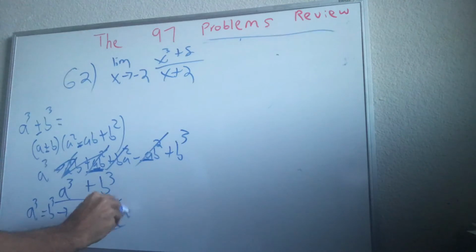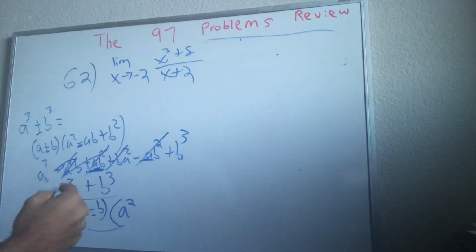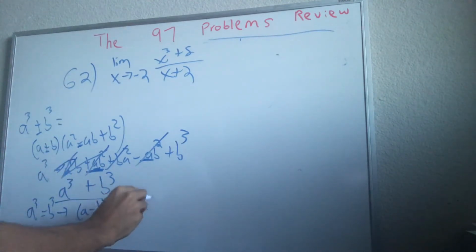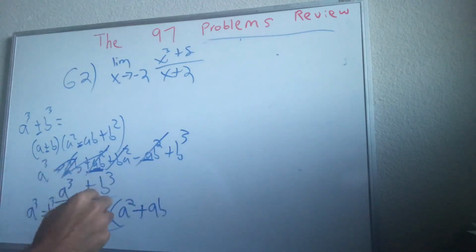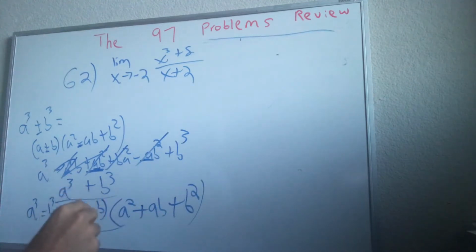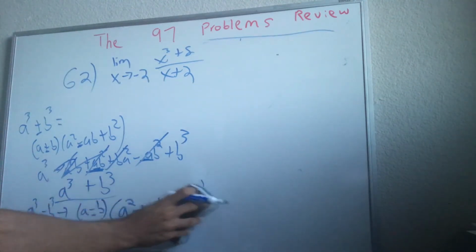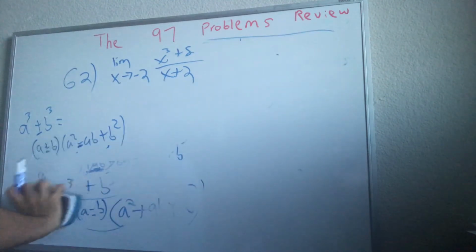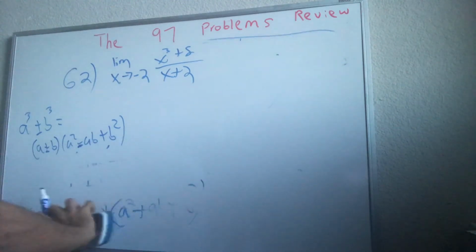Then you do times a squared, and now instead of minus, the sign switched: here we would have plus ab, and then you always have b squared. So that will be the form for a cubed minus b cubed. But that doesn't really matter. All we care about in this question is the first form.